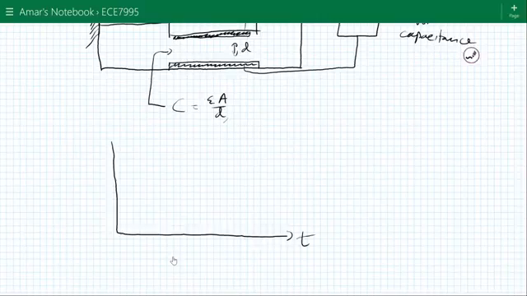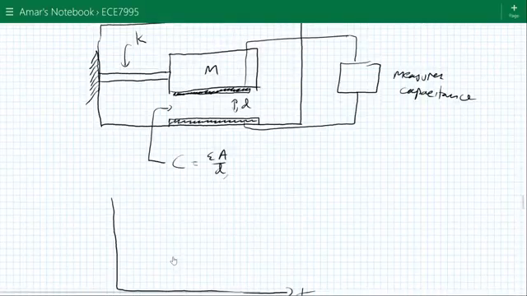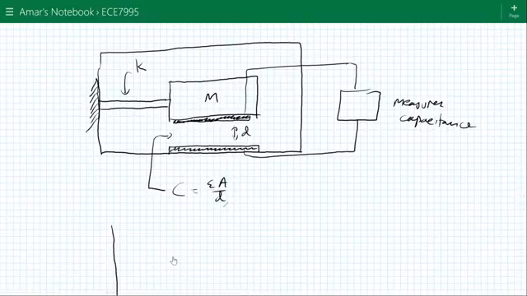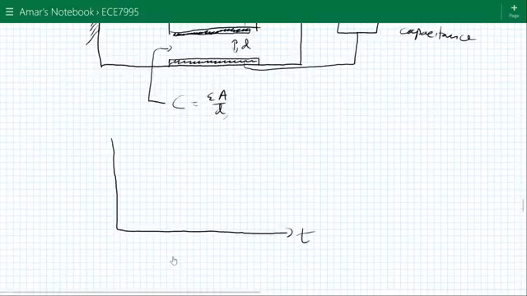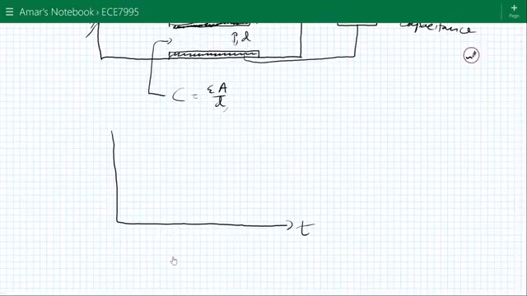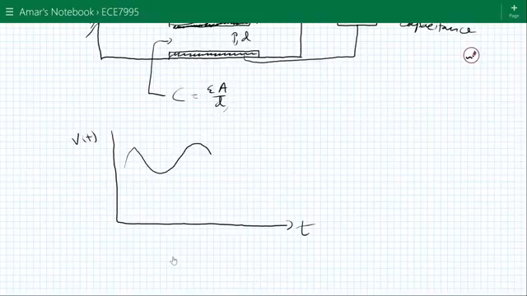if you were to take your system, so if you were to take this mass, for example, and just tap it, and then plot the velocity v of t versus time, or let's make this x of t, that's the displacement.